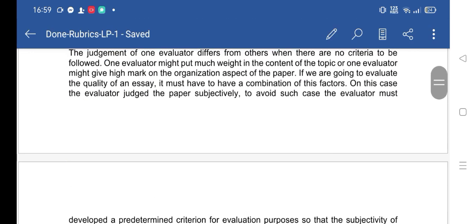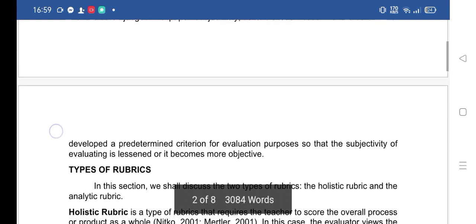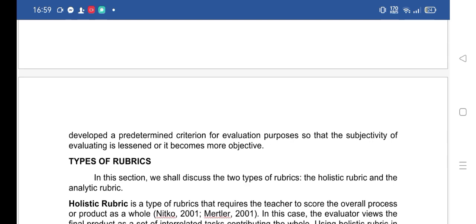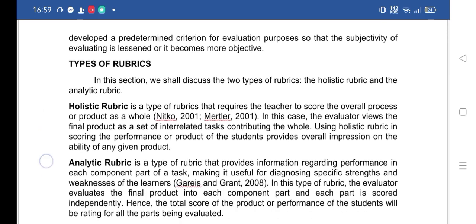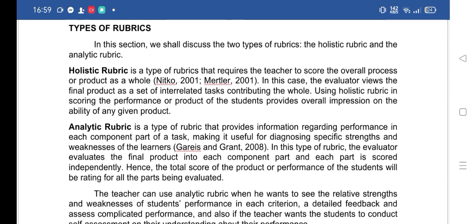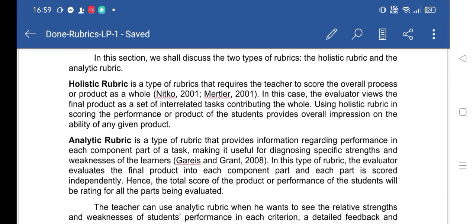In this case, the evaluator judges the paper subjectively. To avoid such a case, the evaluator must develop and predetermine the criteria for the evaluation process so that the evaluation becomes more objective. So a scoring rubric is a tool for scoring students' performance, papers, works and assignments.